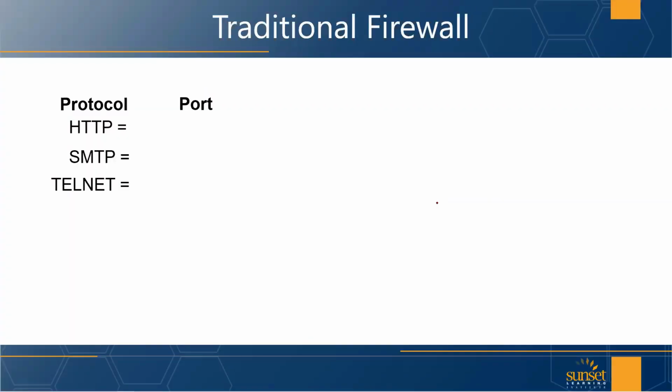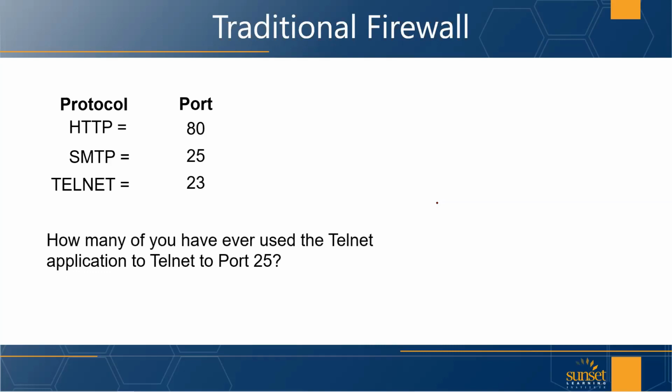So let's take a look at a traditional firewall. Here I've got a protocol. We knew port 80 for HTTP, 25 for SMTP, and 23 for Telnet. I don't know if any of you have ever Telneted to port 25. I used to Telnet to port 25 to check my mail servers.